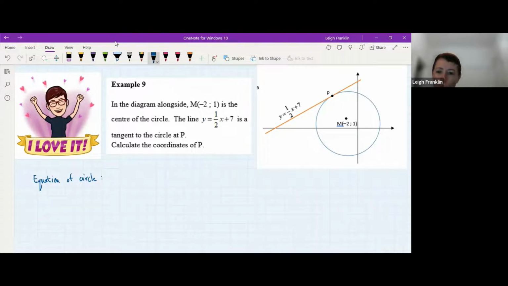Ma'am, I have a question. Sure. Since P is a tangent to the circle, would we still say that PM is perpendicular to the tangent? Can we assume that? Absolutely. I'm drawing a very terrible radius here, but quite right. So PM is the radius, and it will always be perpendicular to the tangent, 100%.